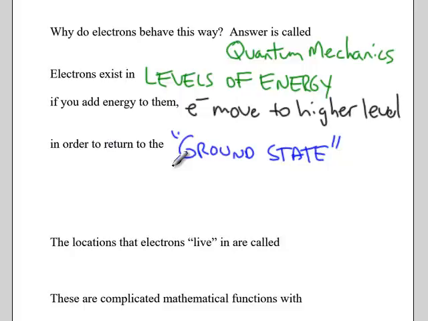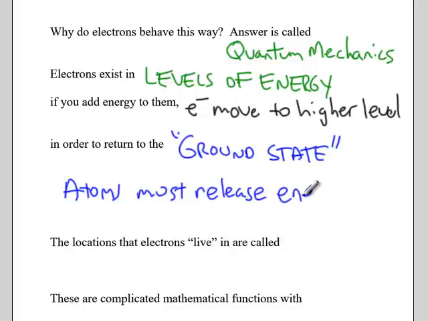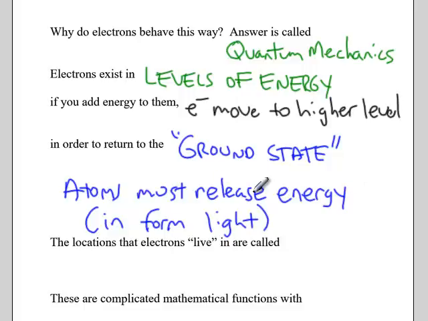So in order to get back to that lower energy level, the atoms must release energy. Energy can't be destroyed, conservation of energy, remember. So the energy has to be released, and what we can see is just the visible spectrum, remember. So we see the light that corresponds to that release of energy.